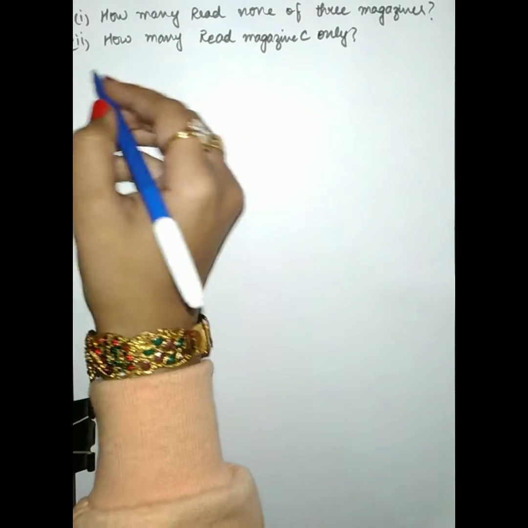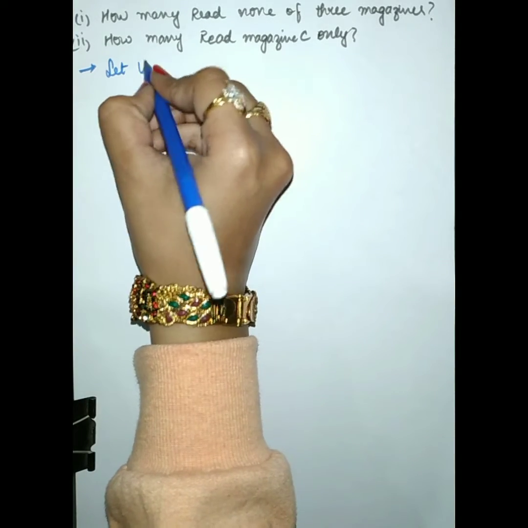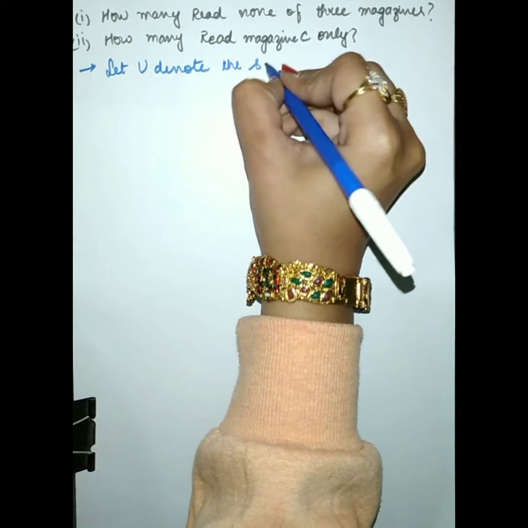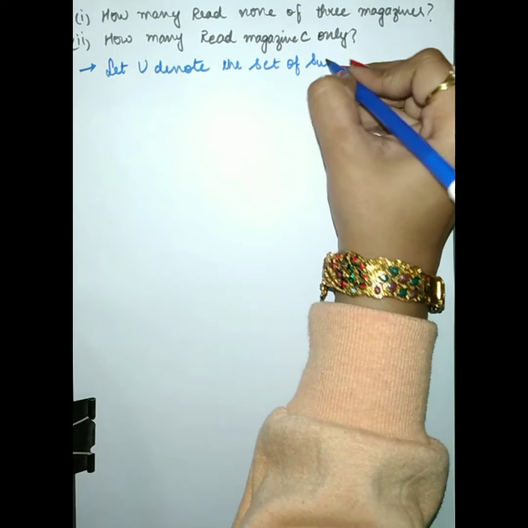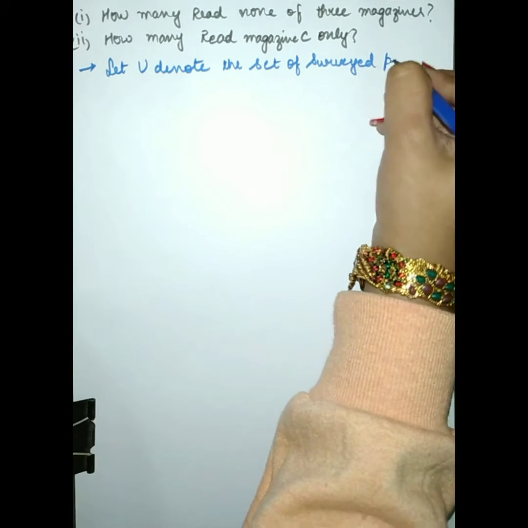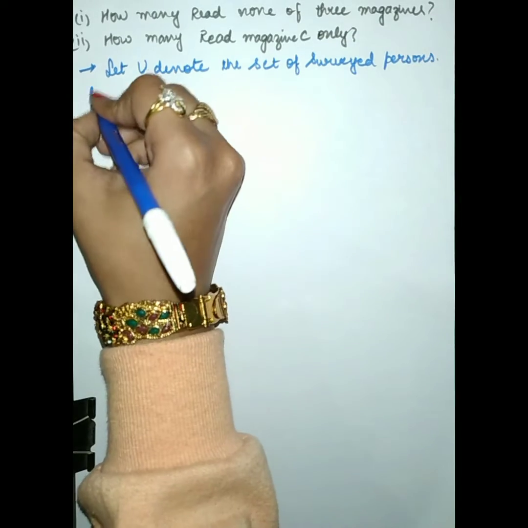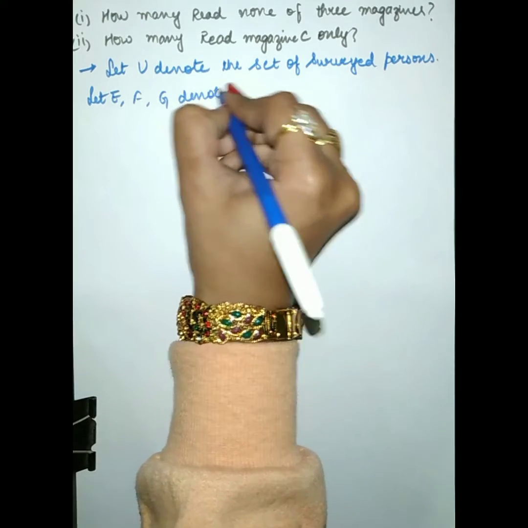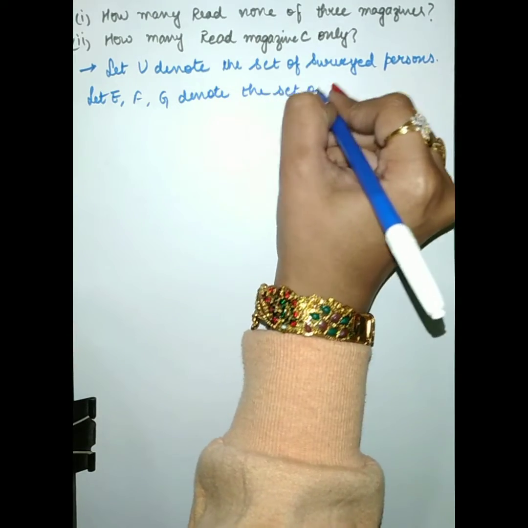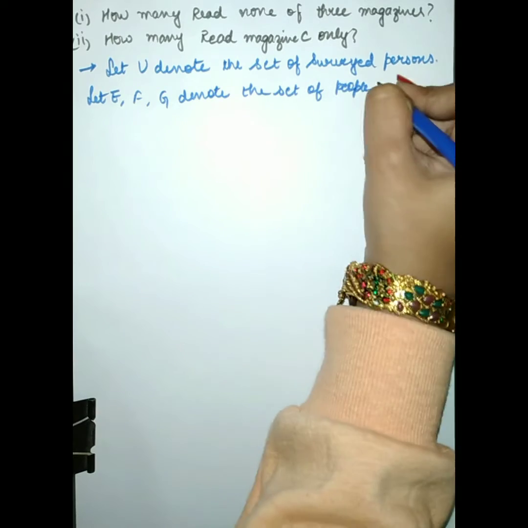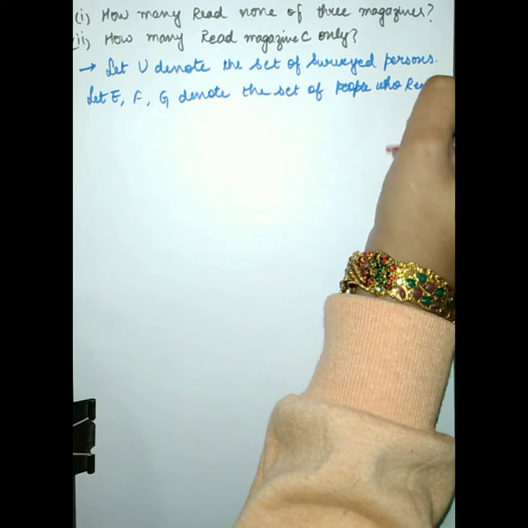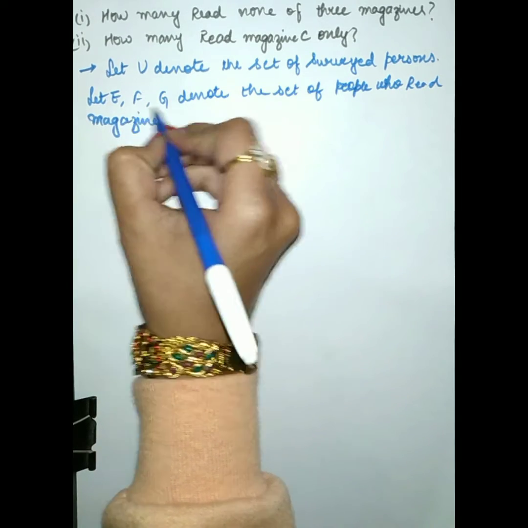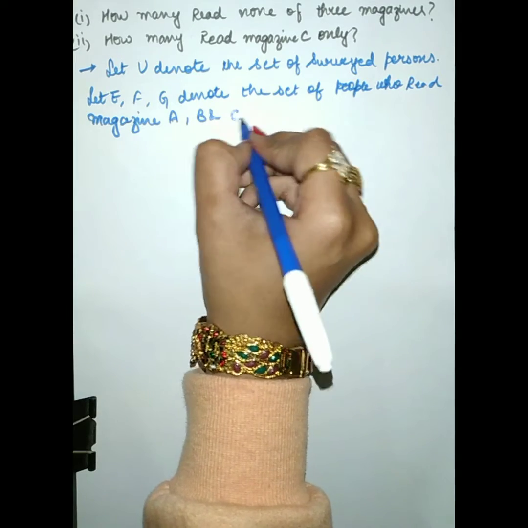Now let us start. Let U denote the set of survey persons, and let E, F and G denote the sets of people who read magazine A, B and C respectively.